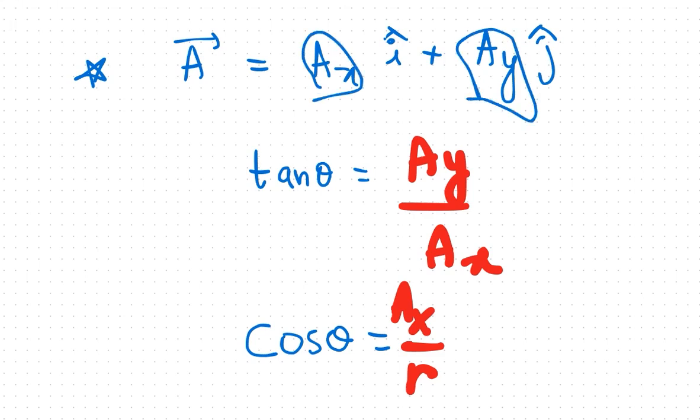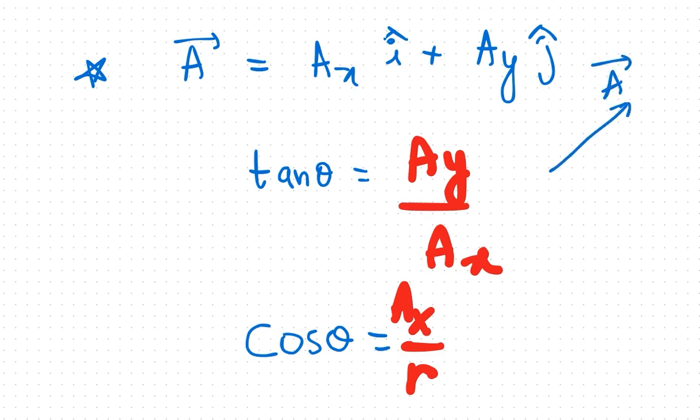The magnitude of the vector formula is the square root of Ax squared plus Ay squared.